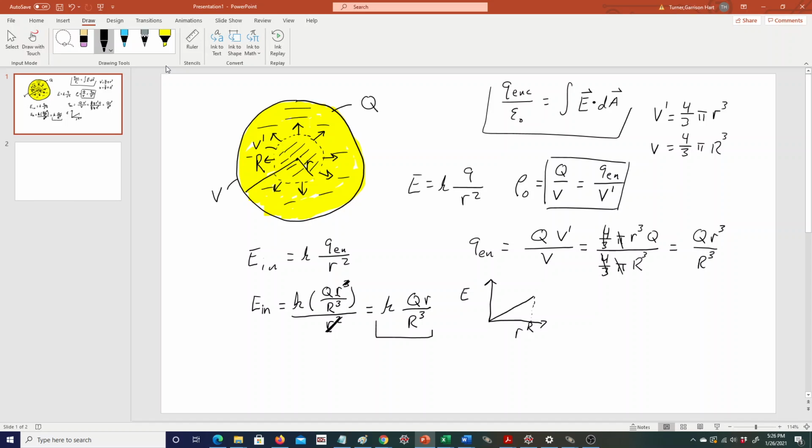Until I get to the surface of the sphere. And at that point, this will drop off with a 1 over r squared dependence. Okay? Actually, technically, that should be lowercase r, because as I get outside the sphere, this is going to represent a Gaussian surface as well, something out here.